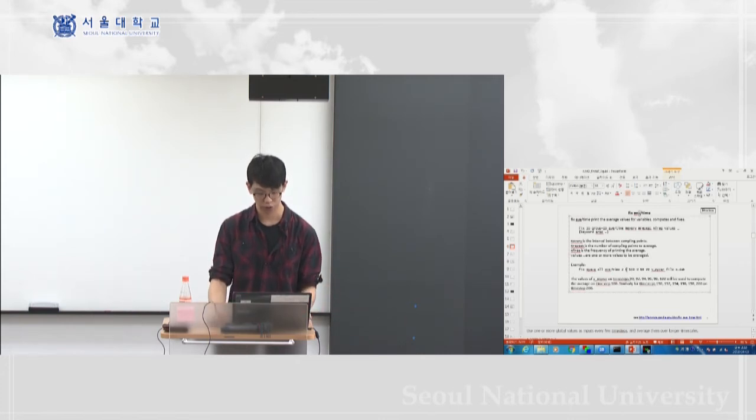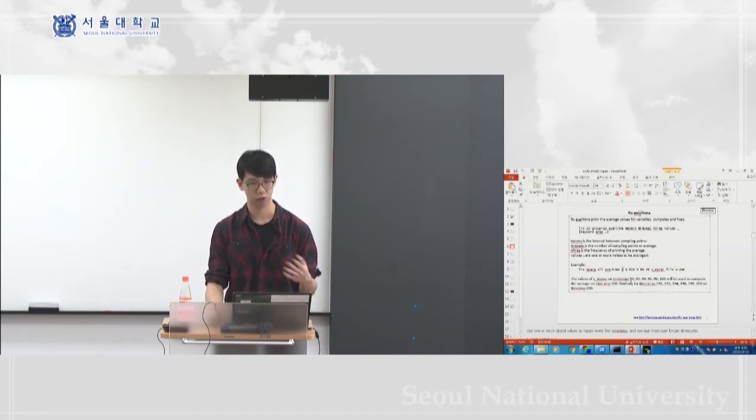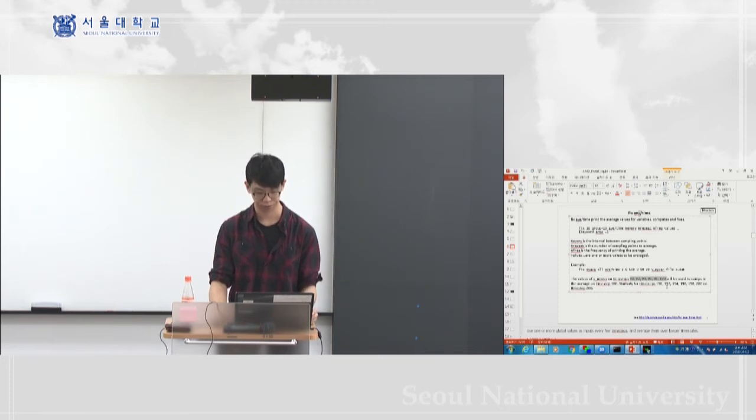So here you give 6, so it's gonna give you the average value of 6 MSDs. And the first number is the time interval you want. So if you give it 2 here, it's gonna compute the MSD every 2 steps. So with 2, 6, and 100, for example, it's gonna average the values from 90 to 100 with 6 values, calculate the average and print it out for you.